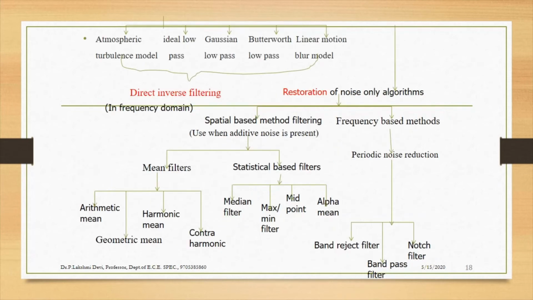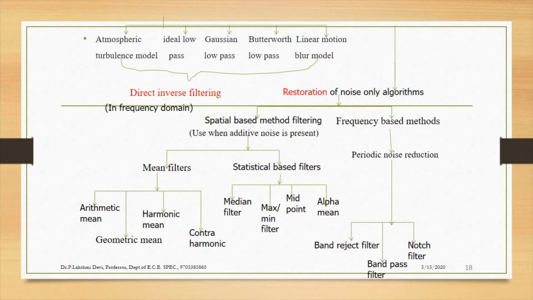See here in the last information, noise models: there are 6 types of random noises and 1 periodic noise. These are the different types of noises. So in this, what are the different filters we can use and how to minimize them?